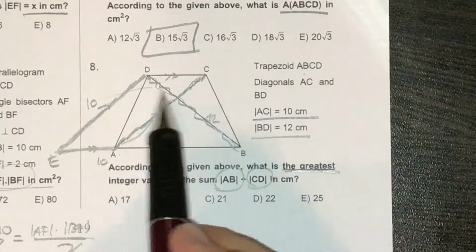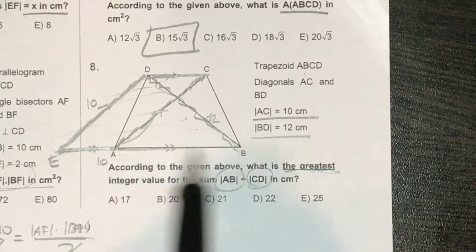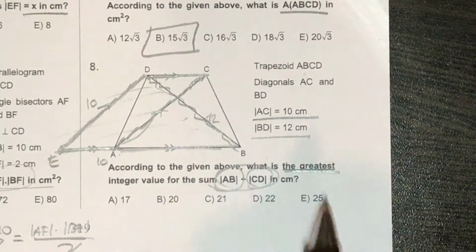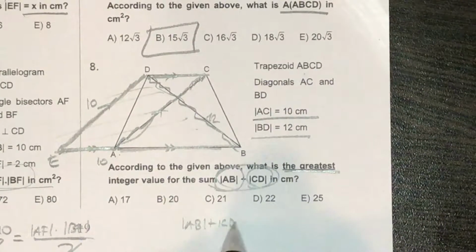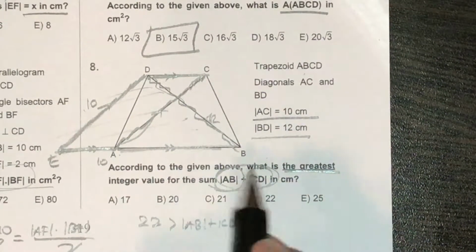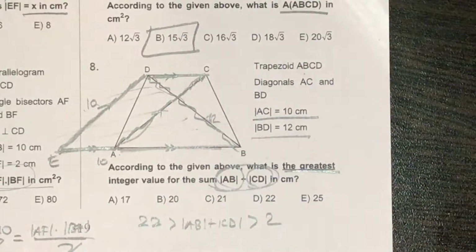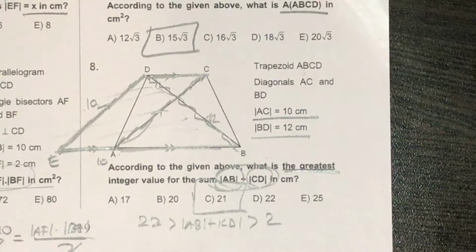As you see, triangle inequality, this is DC here, and this is AB here. So the sum of AB plus CD sits between the sum of them and the difference, which is 2. Okay, so it is 21. So that's the greatest integer value for this sum.